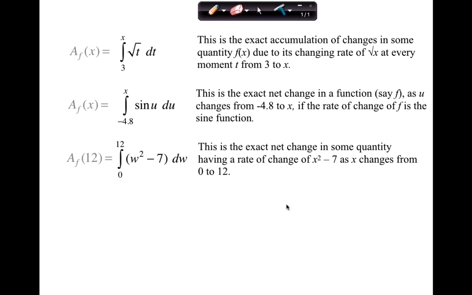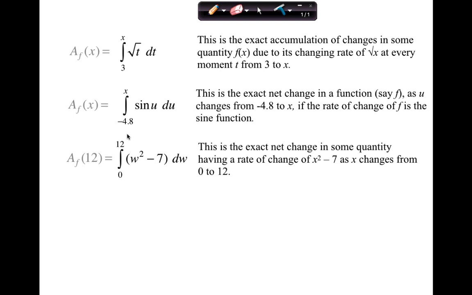Yes, please. Do you not mention, in the first two, a function, say f or quantity f of x, in the third one because it's a of 12, not a of x? We want to think of it as a function and then evaluating that function at 12, but it still has that same meaning without specifically saying the function, because it's the net accumulation from 0 to 12 of some quantity.